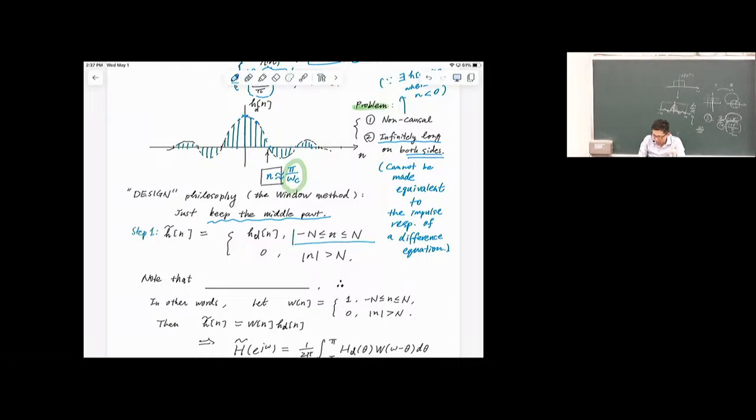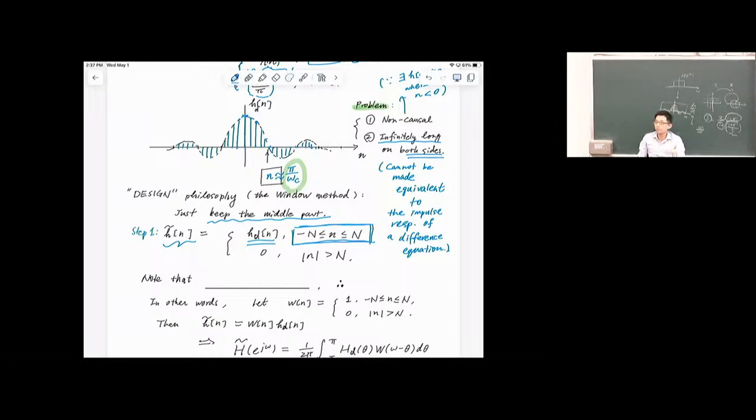Let's define our filter as being equal to the ideal impulse response, the sinc function, for the 2N plus 1 samples around time 0. Keep them. Let's try this.